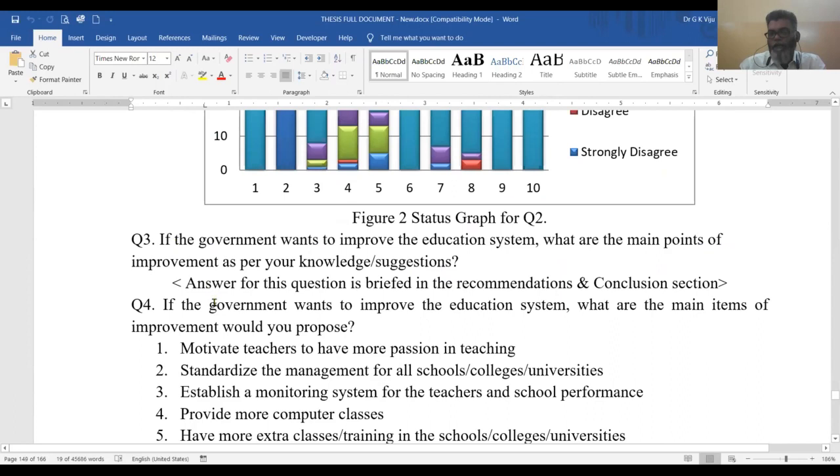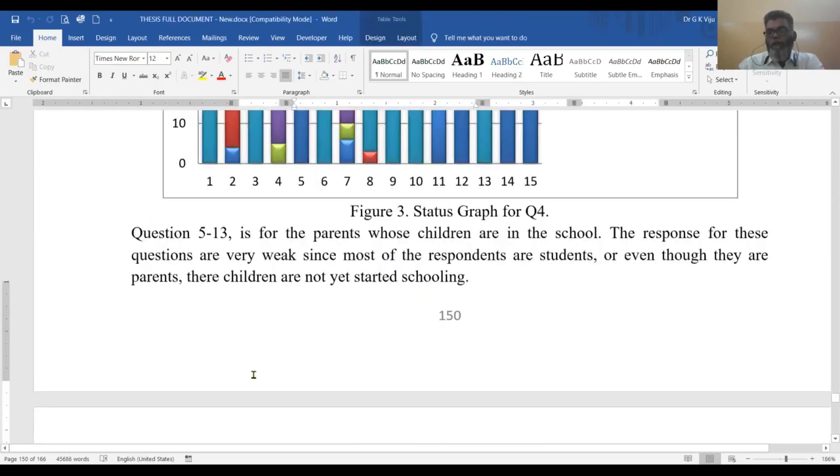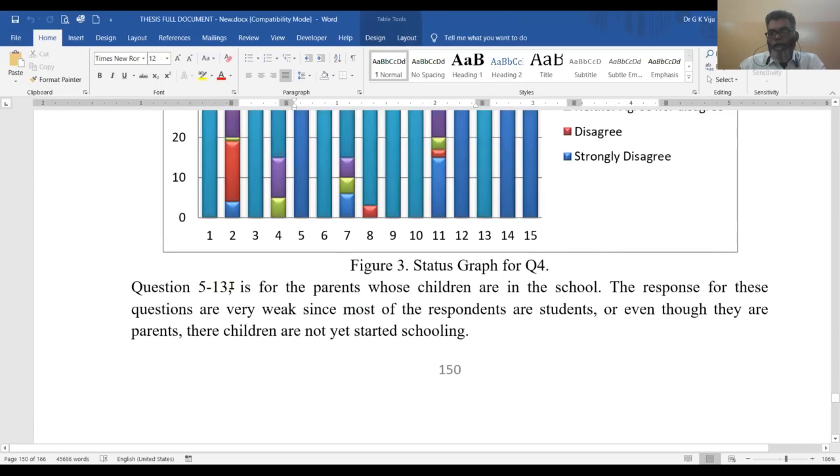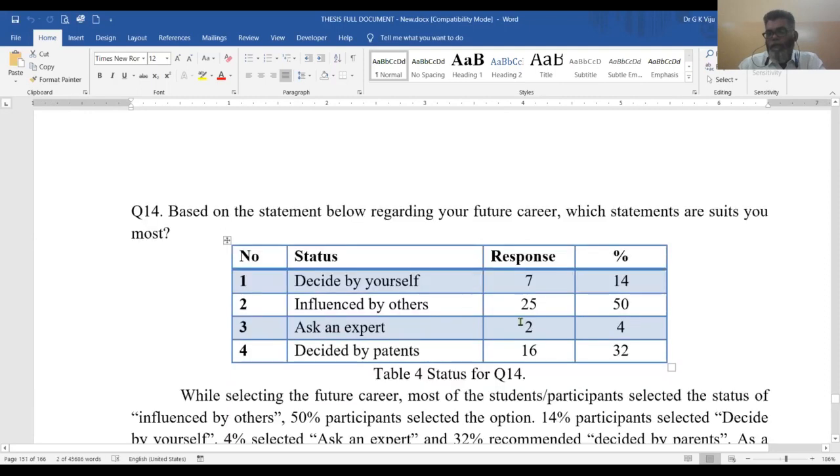Like that for question 3, question 4. See the table, then automatically the graph. Then like that for question 5, then question 14, see here, question 5 to 13. There are some conclusions for that. Then for question 14, the table and its corresponding graph.